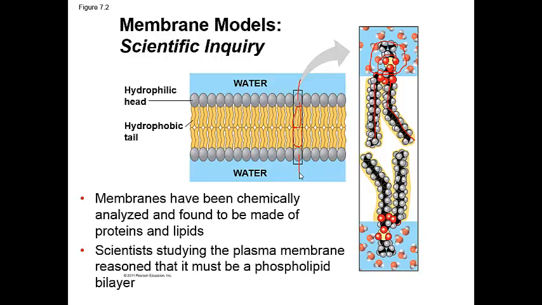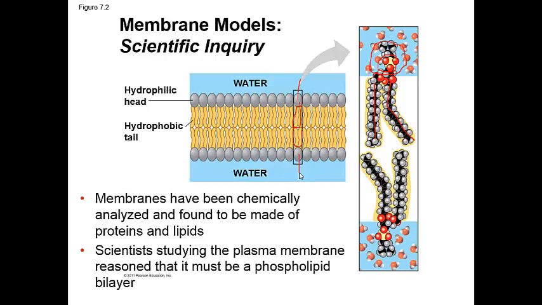So when you look at the cell membrane, or the plasma membrane, it's made up of a phospholipid bilayer, two layers of phospholipids, where the heads are facing outside the cell and inside the cell, and the tails are facing each other.